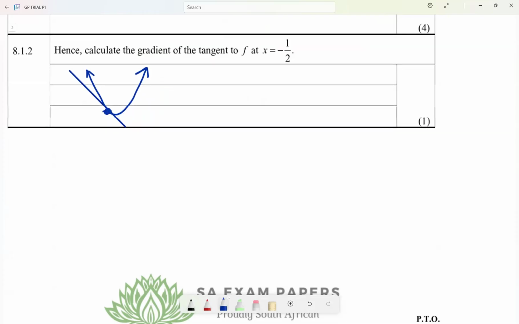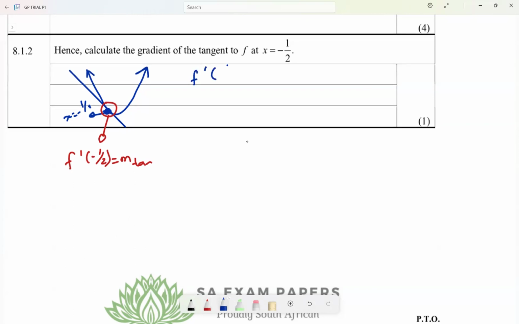What do I know at this point? I know that the derivative of a function at a specific x coordinate is going to be equal to the gradient of the tangent. So the gradient of a function at a specific point is going to be equal to the gradient of the tangent. But I already know the derivative.